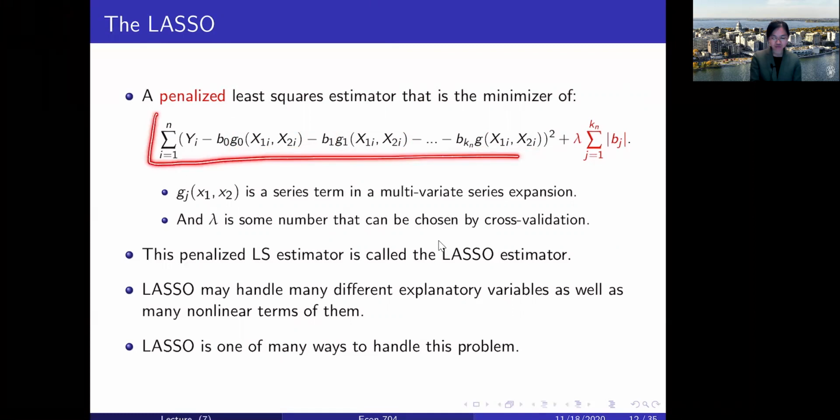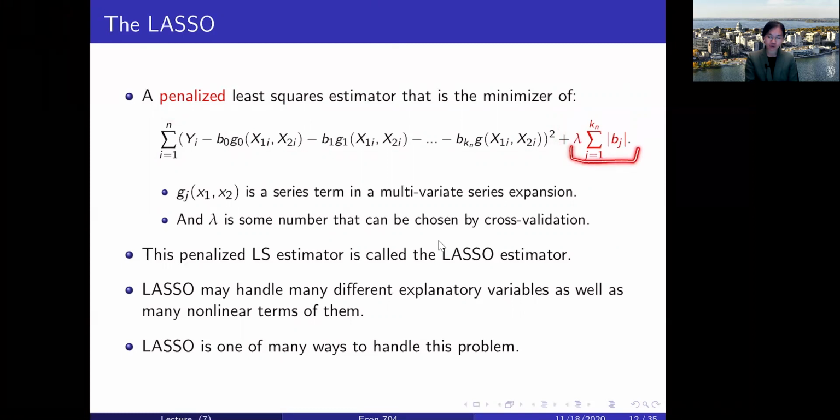But instead of ordinary least square, which minimizes the sum of square residue, you minimize that sum of squared residue plus this penalization term, which penalizes the size of each of the coefficients. So it tries not to use b's that are too large.